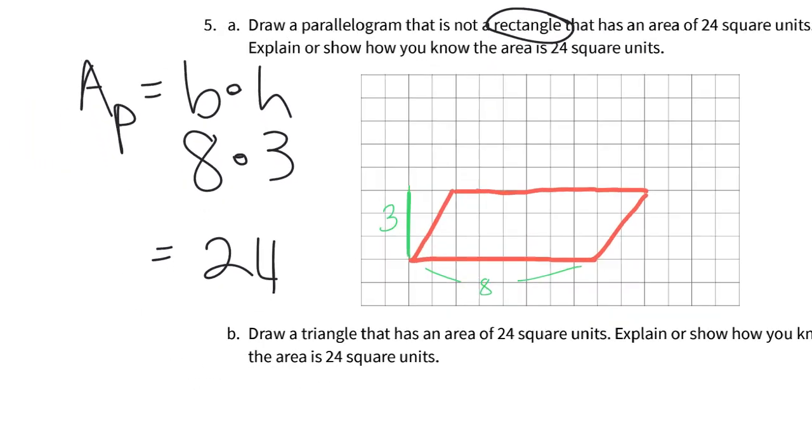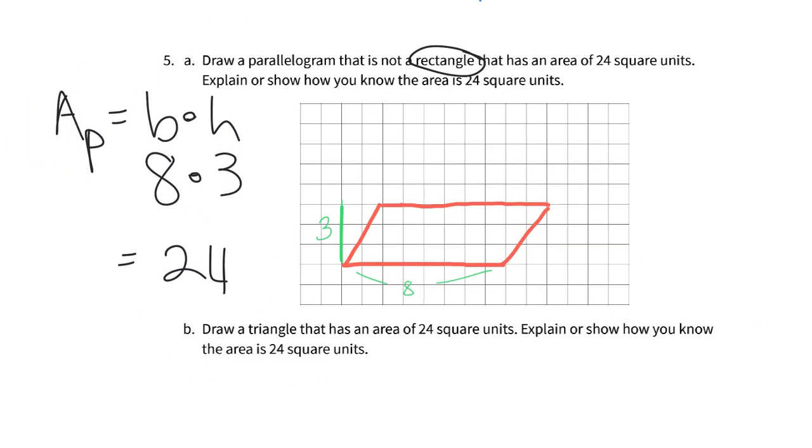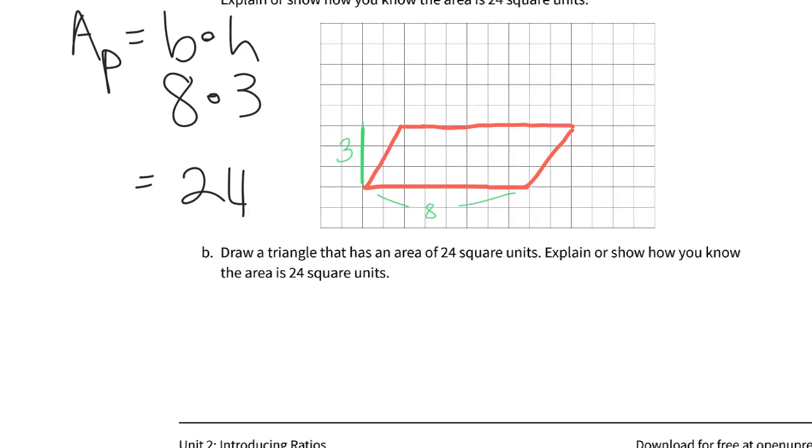All right, so draw a triangle that has an area of 24 square units. Explain how or show how you know the area is 24 square units. So remember, the area of a triangle is base times height divided by 2.